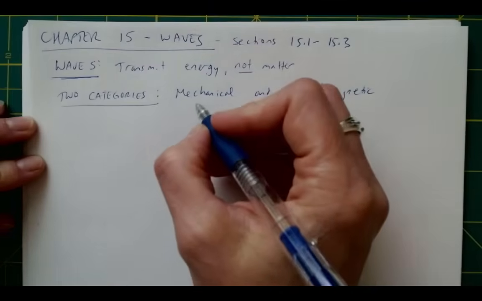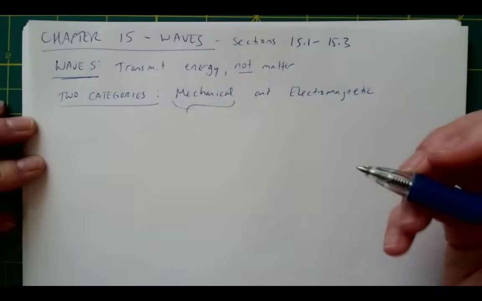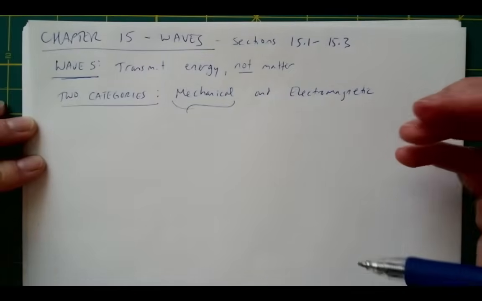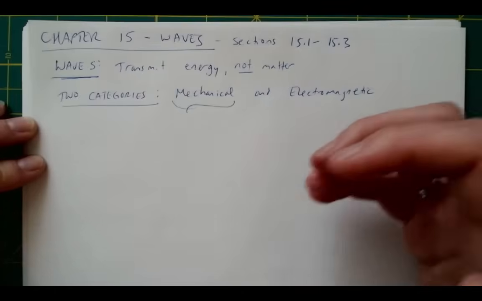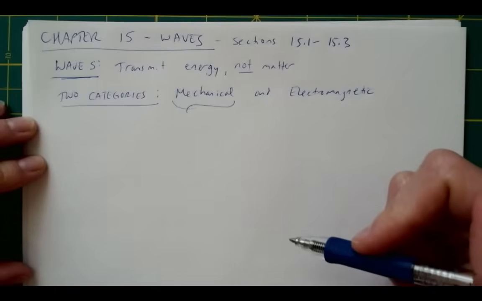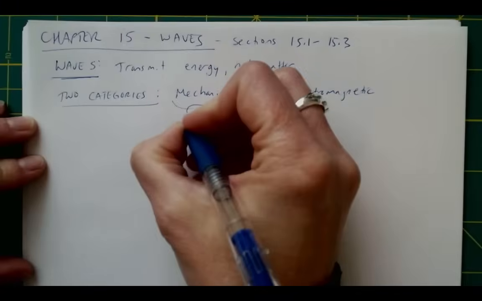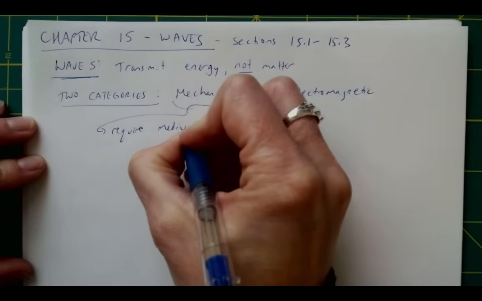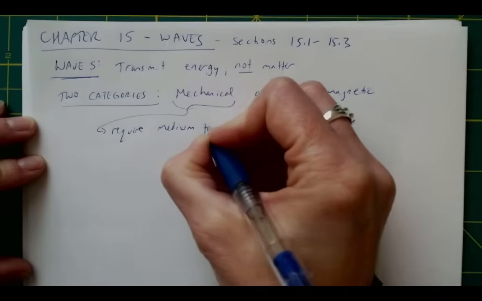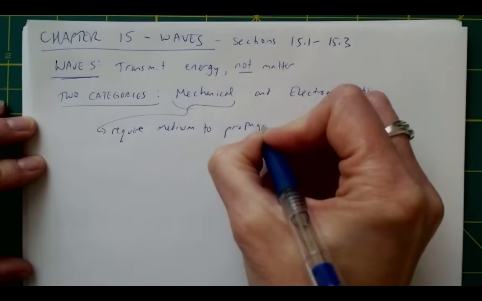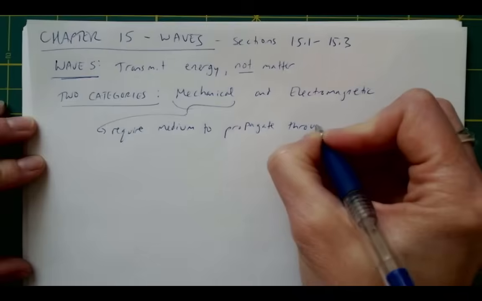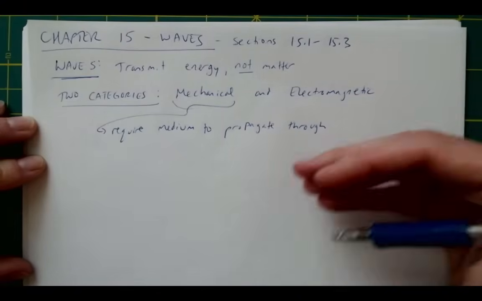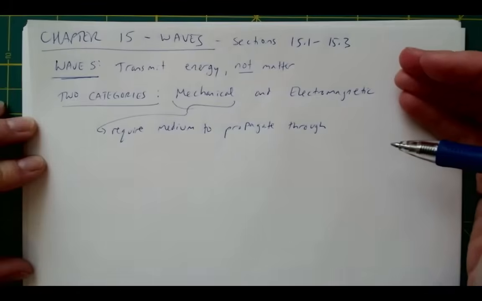Now, a big difference between these is that mechanical waves do require some medium, some matter, some atoms, in order to propagate the wave through. So these mechanical waves require what we call a medium to propagate through. Sound waves, for example, could not propagate through the vacuum of outer space.